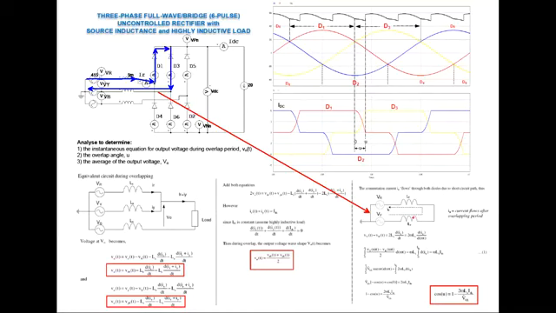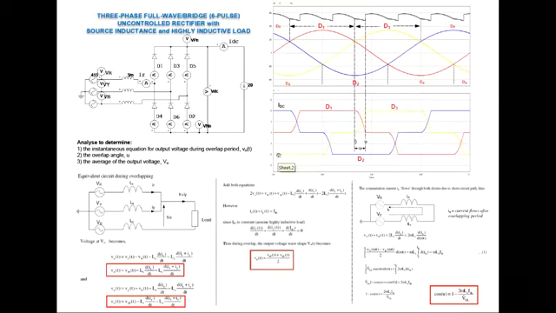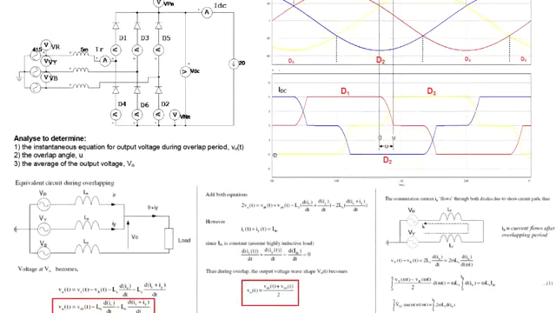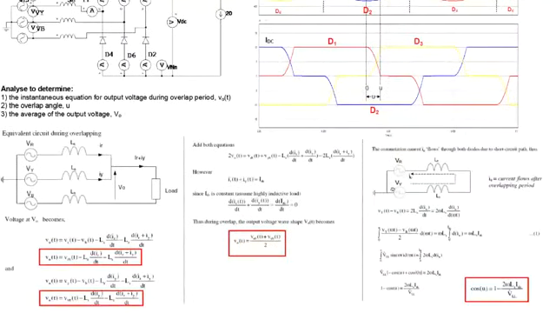Now in this analysis, you need to set an iu current, the current that flows during that overlap. So we assign iu, and the direction of iu must follow the current that flows after the overlapping period.